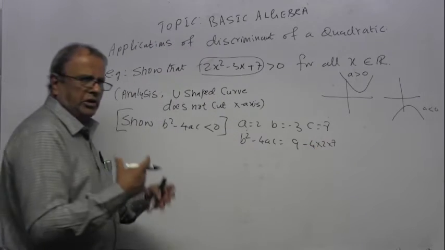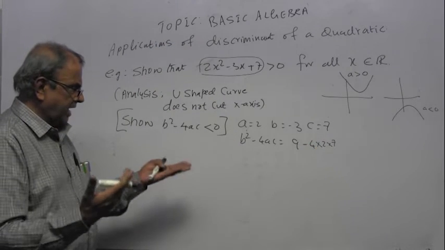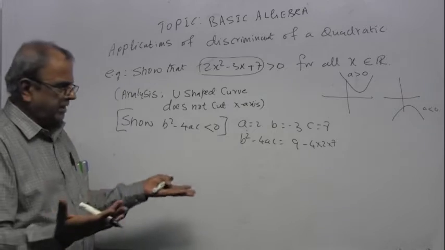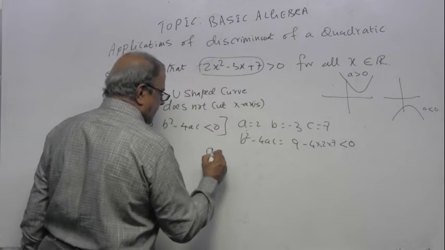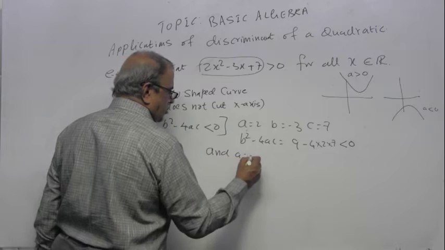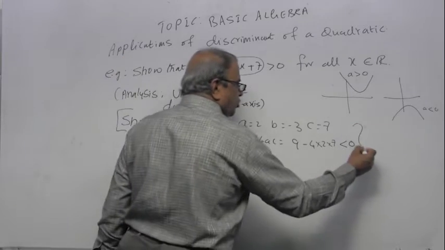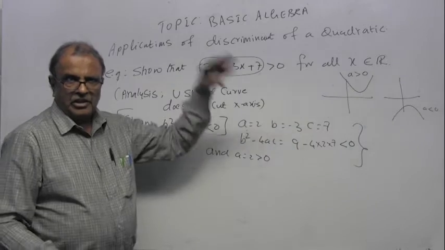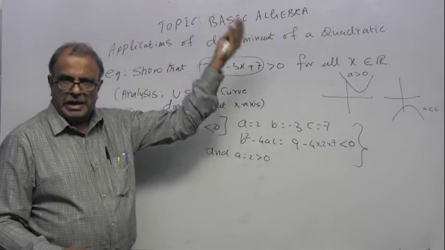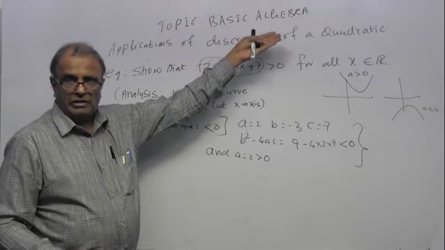You don't even have to evaluate it. It's 9 minus 4 times 2 times 7, automatically less than 0. And a equal to 2 is greater than 0. So from these two we can conclude it does not cut the x-axis, it's a U-shaped graph, or has a minimum, so therefore it's always positive.